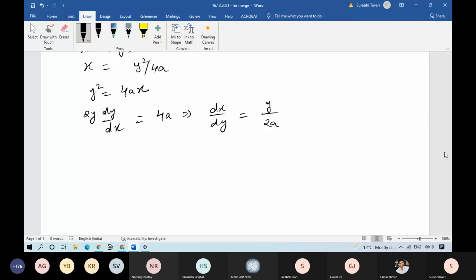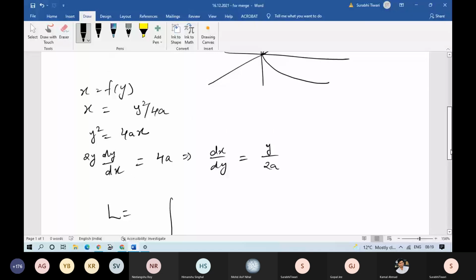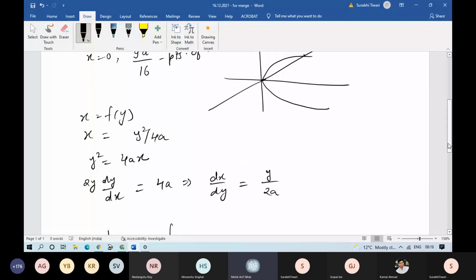Now the length will be, in this case you have to find the limits for y, the points of intersections for y, because here you calculated for x. For y also, 0 and 3a by 2.